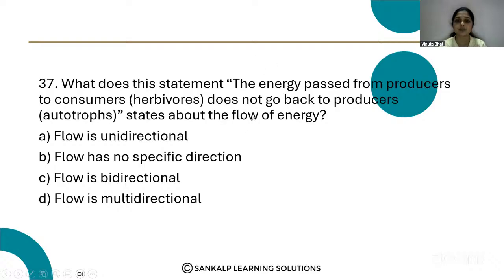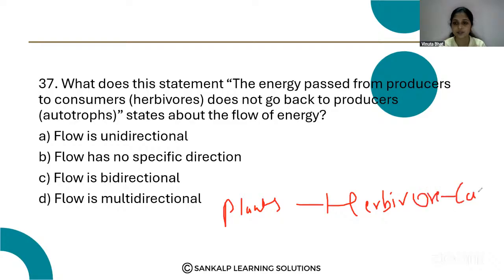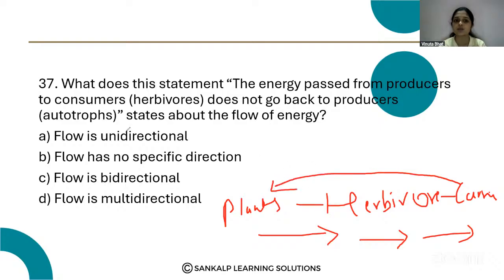See here, the energy passed from producer to the consumers, so plants to the herbivores, then to the carnivores. So the energy passed from one trophic level to another, right? This energy does not go back to the plants again, so this is called unidirectional flow. Yes, that is the correct statement.